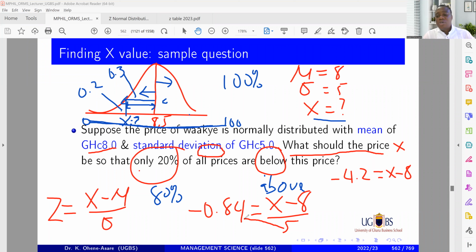So you move the minus 8 to the left-hand side. You now get plus 8 minus 4.2 equal to X, which means that X is equal to 3 cedis 80 pesewas.